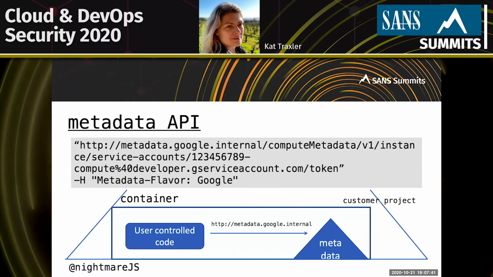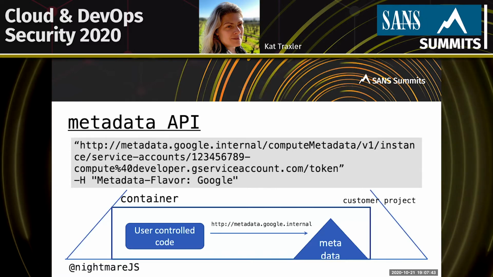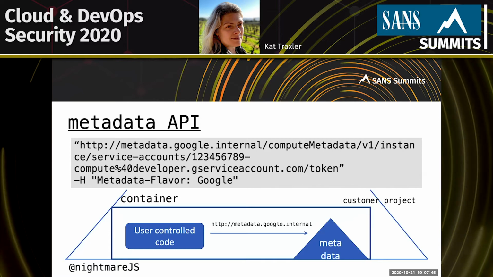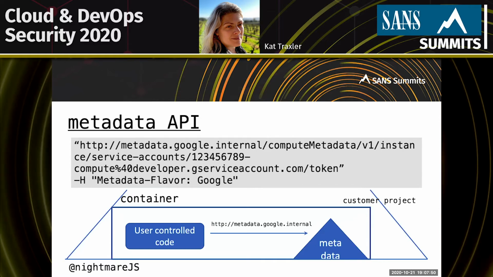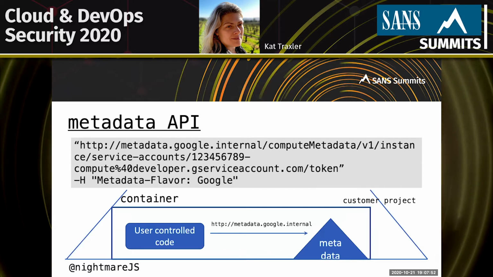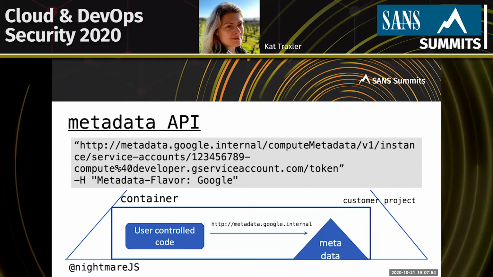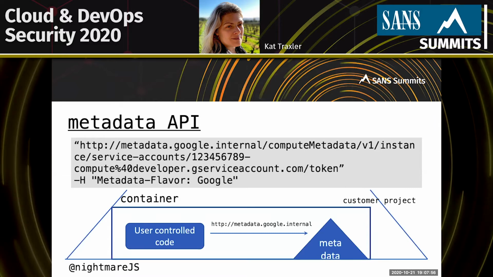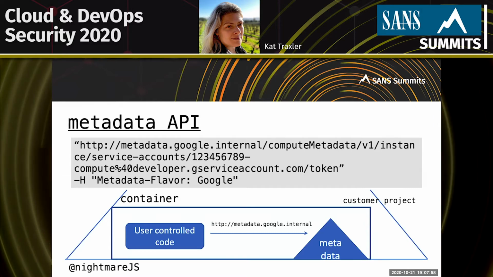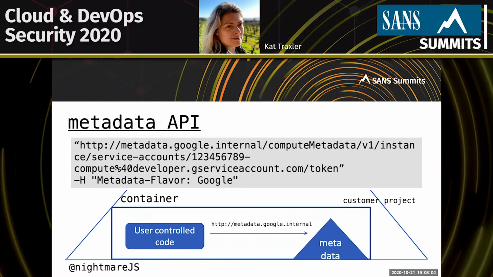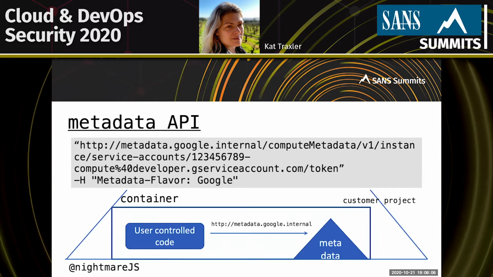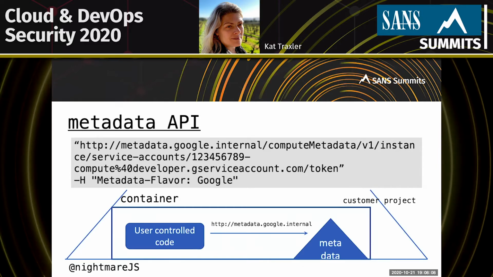If you take compute, for example, you can query the Metadata API to learn its host name, what disks are attached to the instance, what identity the instance is running as, and yes, retrieve the access token for the service account that the compute instance is configured to run as.